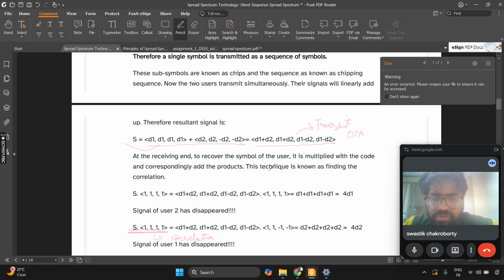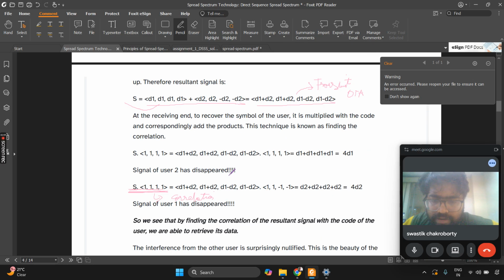At the receiving end, to recover the symbol of the user, the received signal is multiplied with the code and correspondingly added. User 1's intended receiver will have the code 1 1 1 1. So he will simply multiply with it to get d1 plus d1 plus d1 plus d1, so it is 4d1.